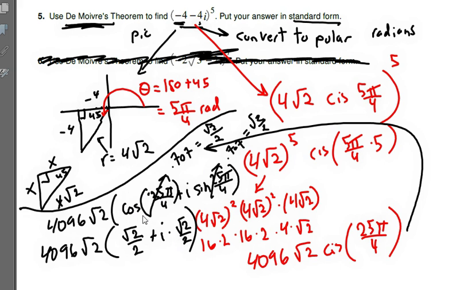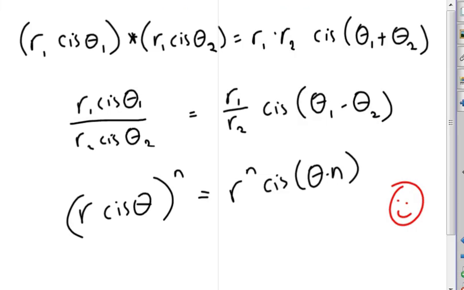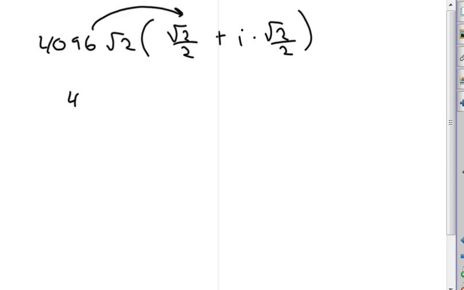So we've replaced this whole entire cosine term with root 2 over 2, and replaced the entire sine term here with root 2 over 2. So here we go. 4096 root 2 times root 2 over 2 plus i root 2 over 2. And we'll distribute this whole term to each one of those.